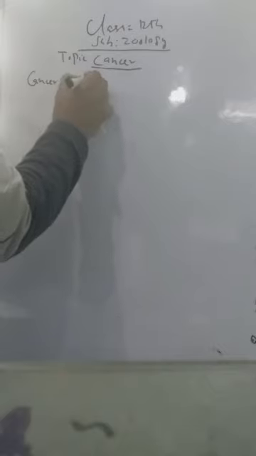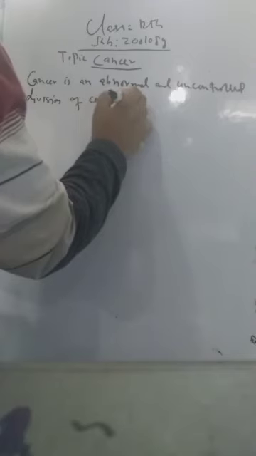Cancer is an abnormal and uncontrolled division of cells, known as cancer cells, that invade and destroy the surrounding tissues.